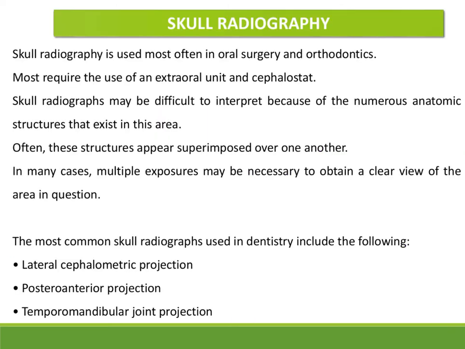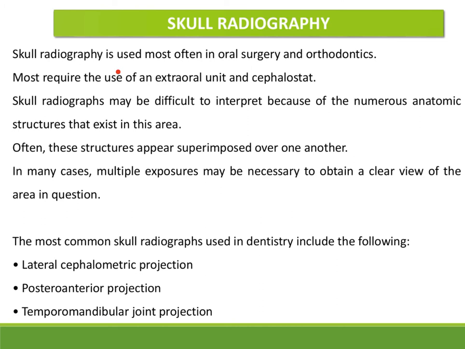So we have three sections more, that is lateral ceph, PA, and the temporomandibular joint projection, which are the ones you have to know in your skull radiography. All of them you can do with the extraoral unit and the cephalostat.